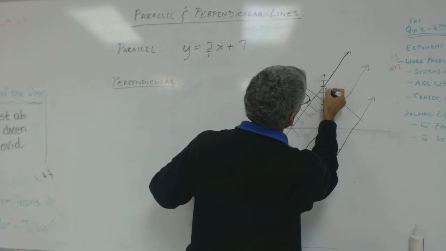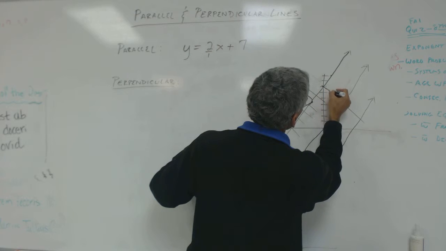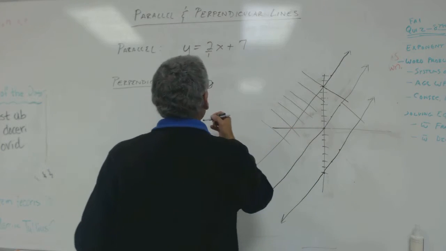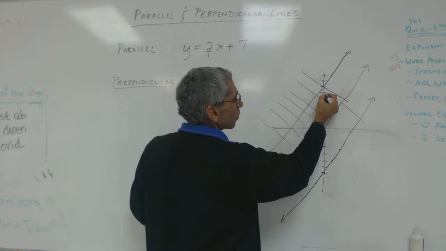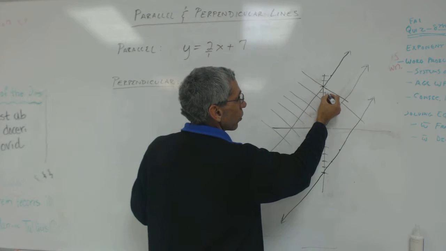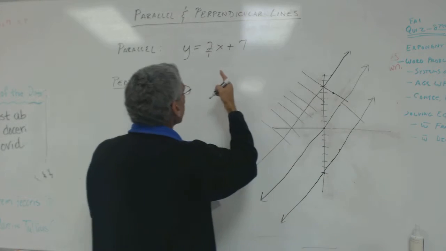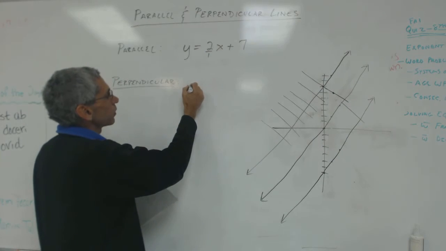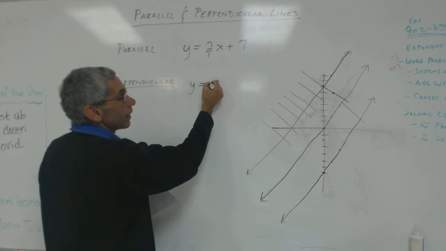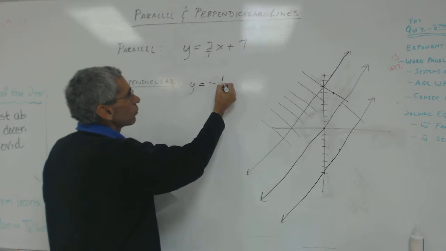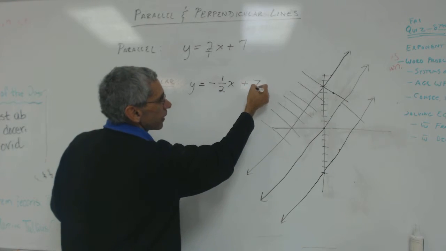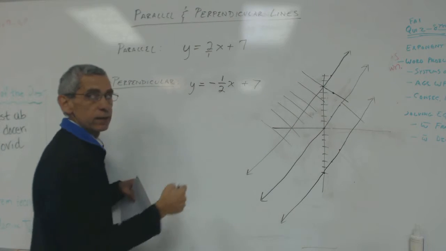So perpendicular would be about like that, right? Something like that? But whatever. Basically, you go down 1, negative over 2. So if I was going to write a perpendicular line, this is what it'd be: y is equal to negative 1 over 2 x plus 7 in that case. But it doesn't matter. That could be any number.